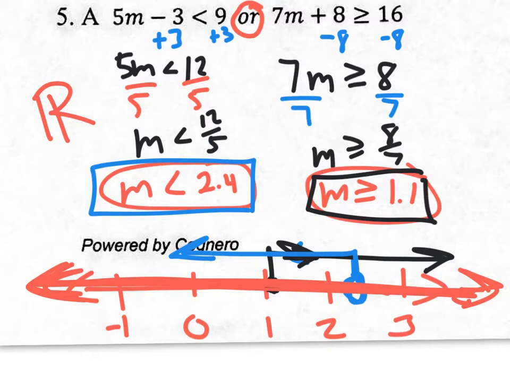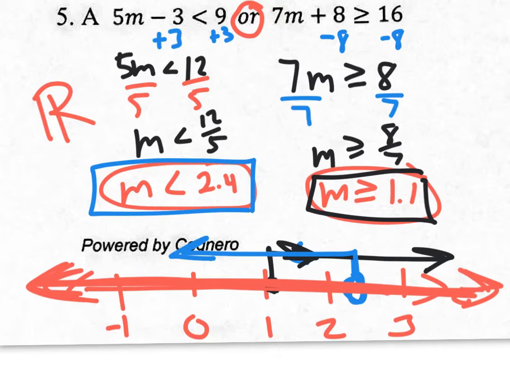Because the word or is covering both of them. If it were the word and right here instead of or, then it would be just this in between here and here. But the word or means that it could go that way or this way, which implies all real numbers. Does that make sense?